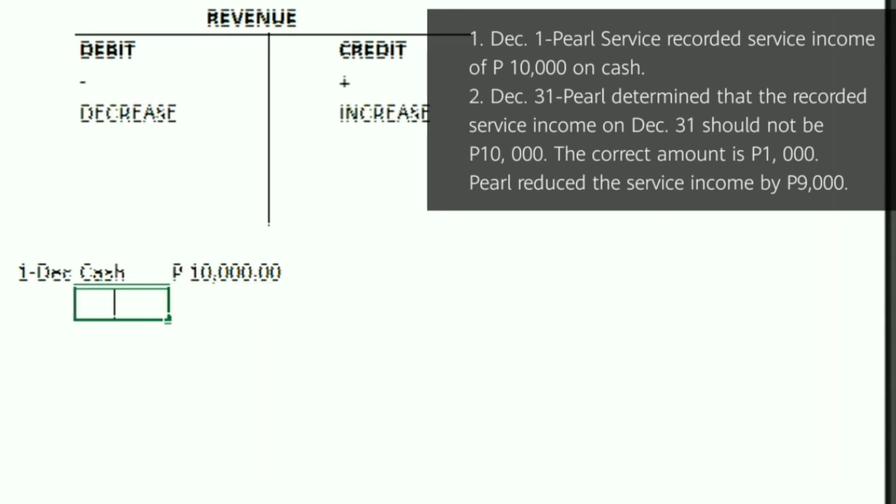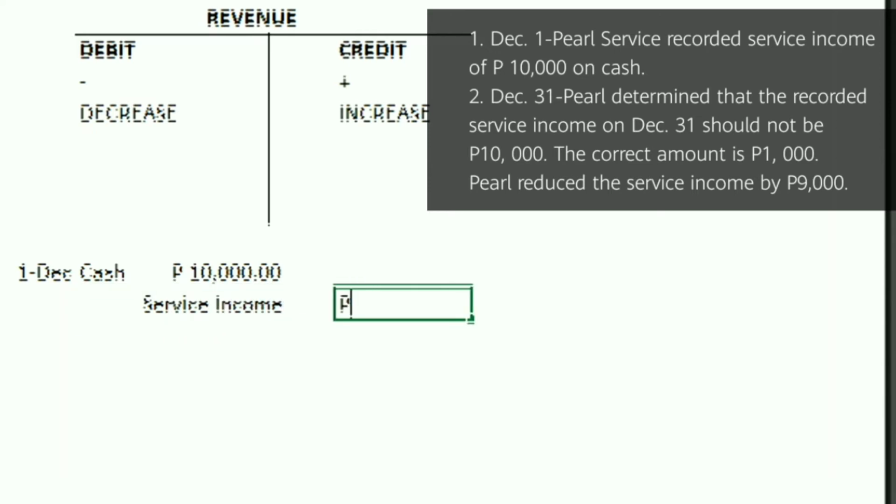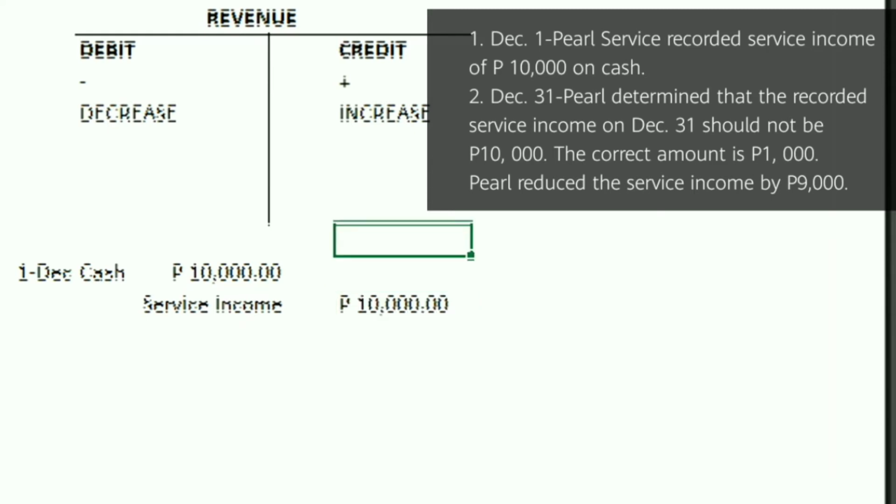Or yung nilabas natin para sa benefit ng other party is service income, di ba?